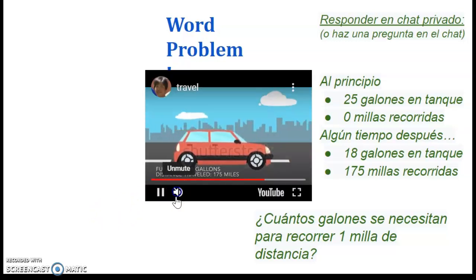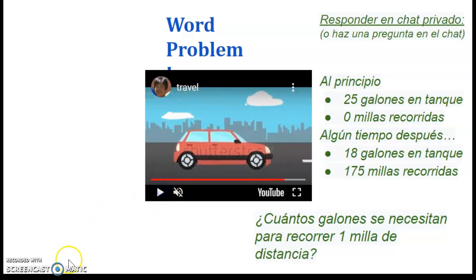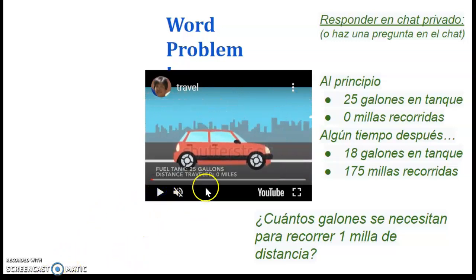All right, so fuel tank level in the beginning of the drive was 25 gallons, and the distance traveled, well, you haven't traveled anywhere, so it's at 0. You've just filled up, your fuel tank is full, and your car holds 25 gallons. You're just starting, so distance traveled is 0 miles.